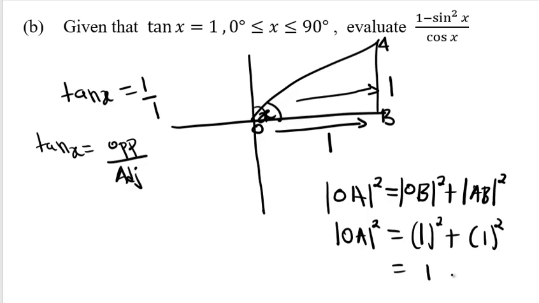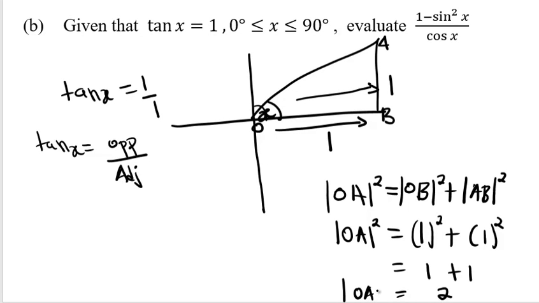This is going to give us 1 plus 1, which is 2. So it means that we have OA squared equal to 2, but we want OA.